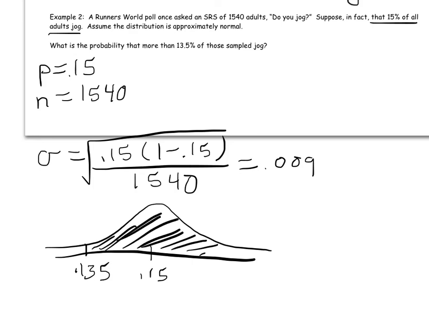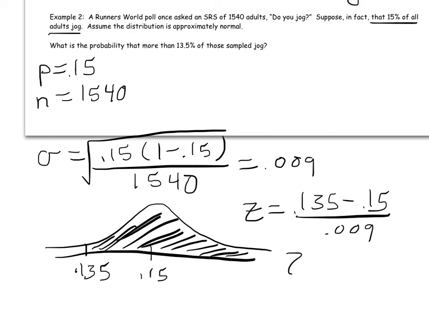So I'm looking for all of that area. Now, just by looking at the picture, I know that the answer has to be more than 50%. So I need to find a z-score. So it's p hat minus p divided by the standard deviation.